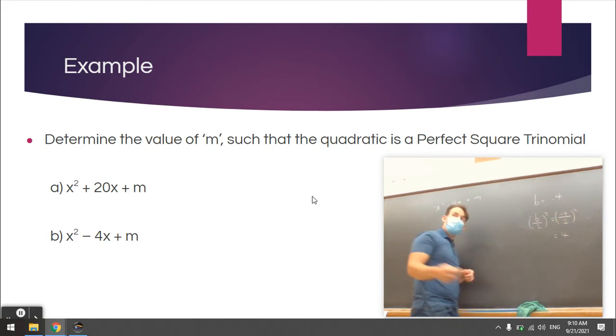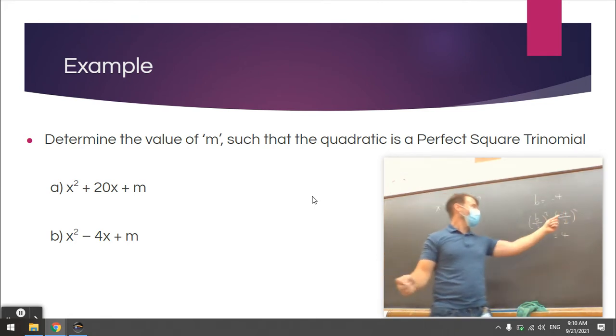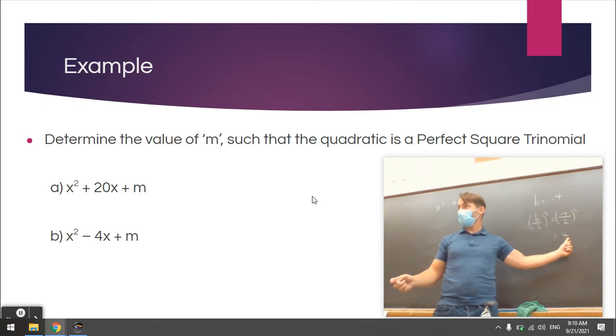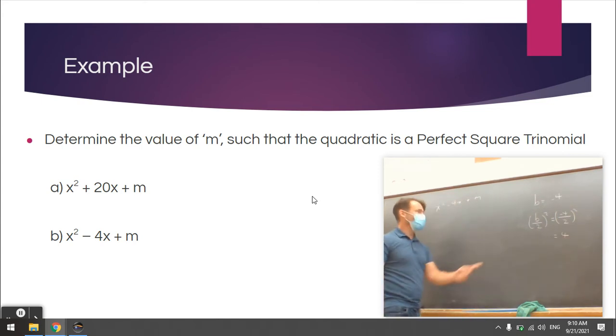Negative 4 over 2 is negative 2. Negative 2 squared is positive 4. Okay, so I'm going to let m equal 4. X squared minus 4x plus 4 equals x minus 2 squared.